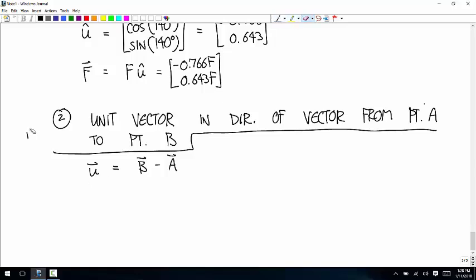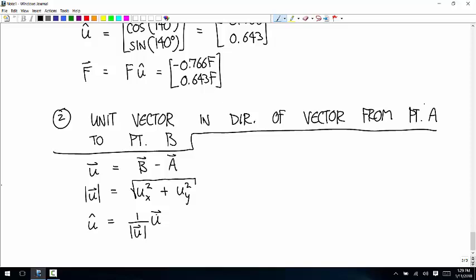The magnitude of that vector U is, we can get that as the square root of the sum of the squares. And then the unit vector is 1 over the magnitude times the vector.